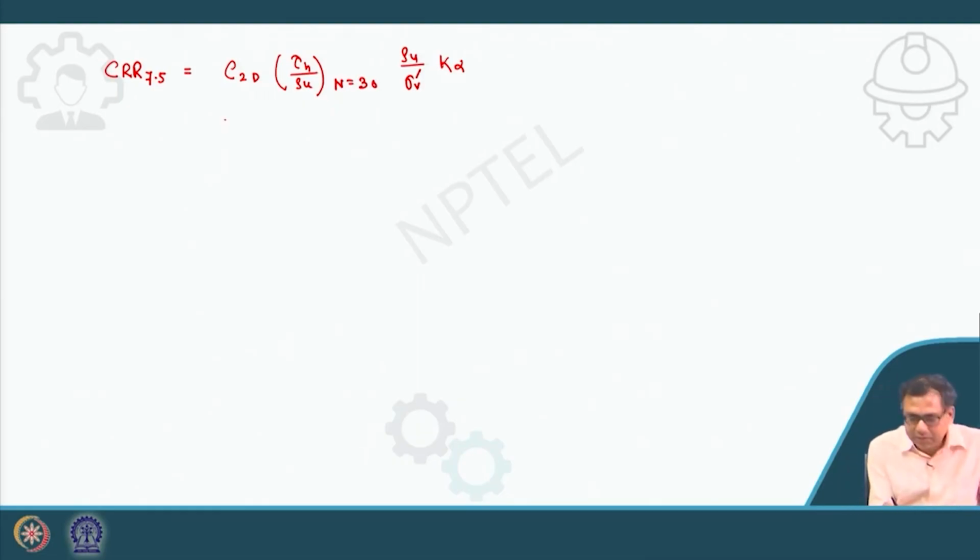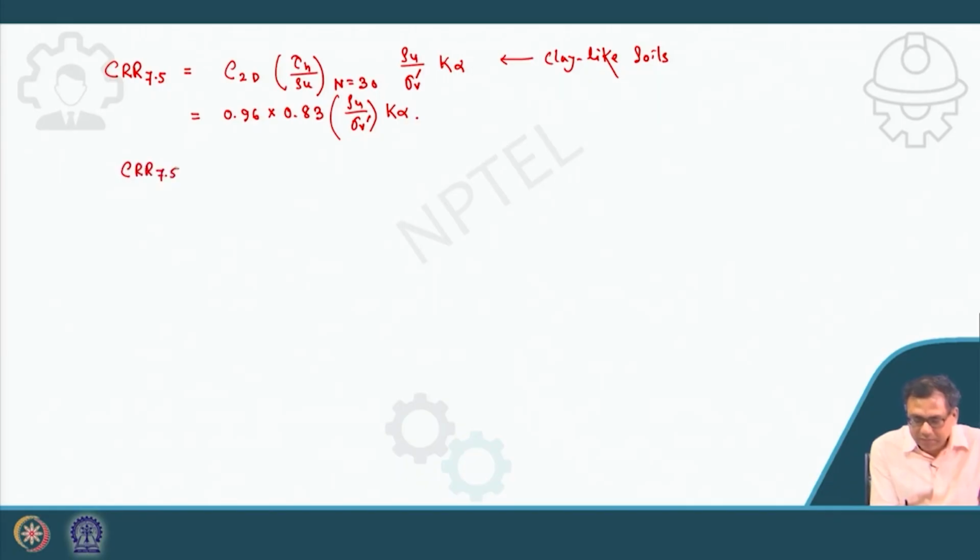So now I will put my C2D for clay like soils, this is 0.96, and this value is 0.83, into SU over sigma V dash, K alpha. So finally I will get CRR for 7.5, that is equal to, if I multiply, this will be 0.8.